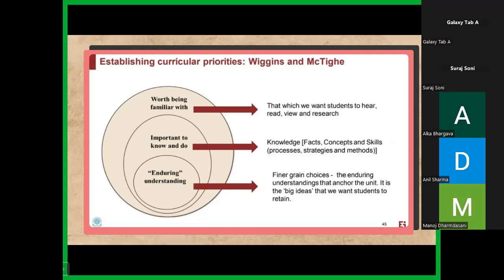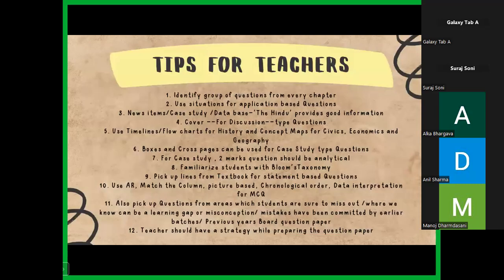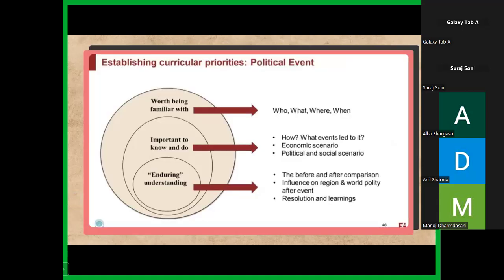So as you take up questions, please try to see under which category your topic falls, and accordingly give importance to that. Okay, now you can use these kind of questions for worth being familiar with. Normally, as you can see, the questions where we are creating who, what, when, where. So when did the first war of independence happen, or where did it start? Those kind of questions. It hardly matters if it started in Kanpur or in Meerut.